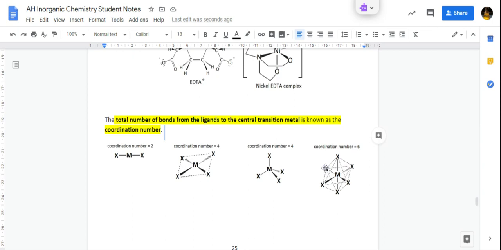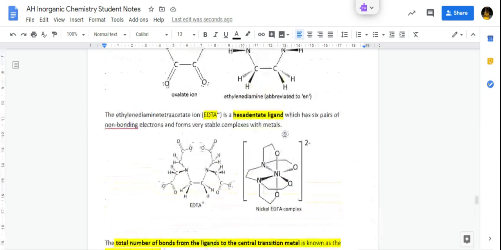Now, what's important to know is that the coordination number is not the same as the number of ligands bonded. In these 4 examples here, we've got 6 ligands, and the coordination number happens to be 6. Here, we had 4 ligands, coordination number happens to be 4, and so on. If we go back to our nickel EDTA complex, we have 1 ligand, that EDTA molecule, there's just 1 of them.